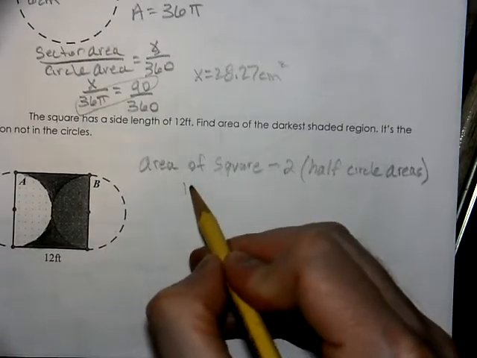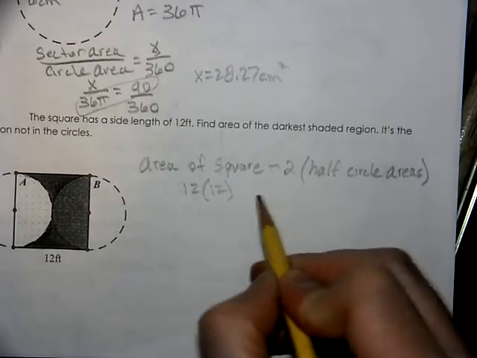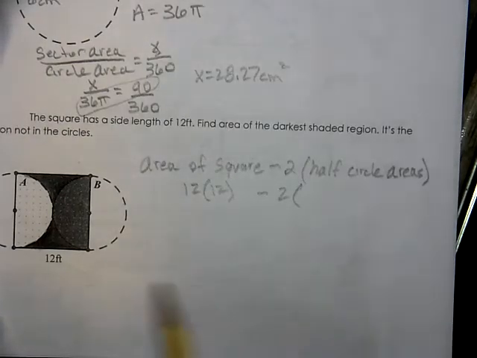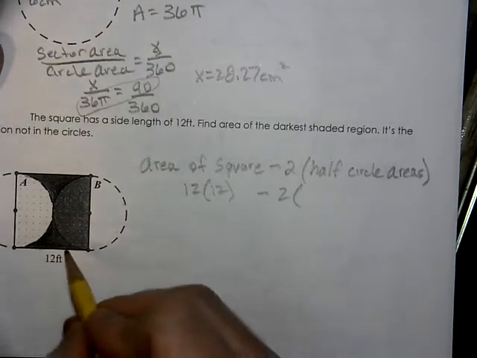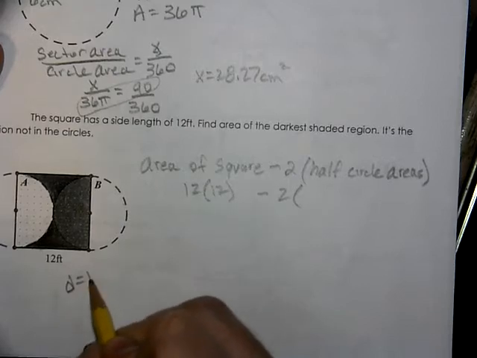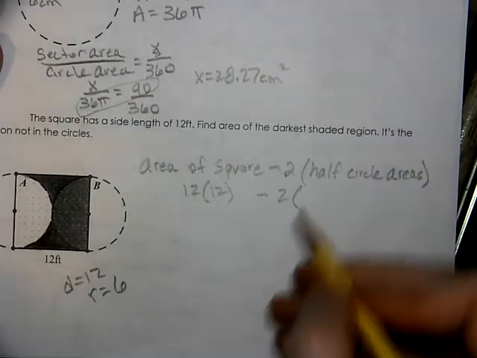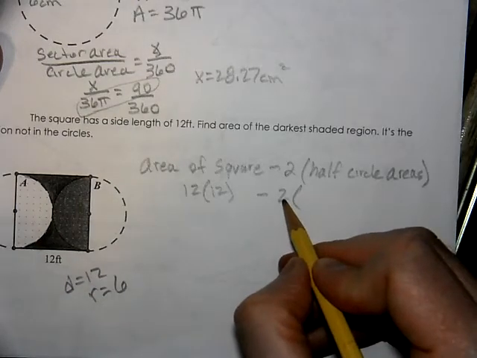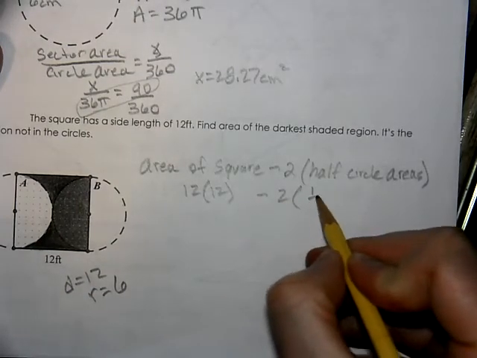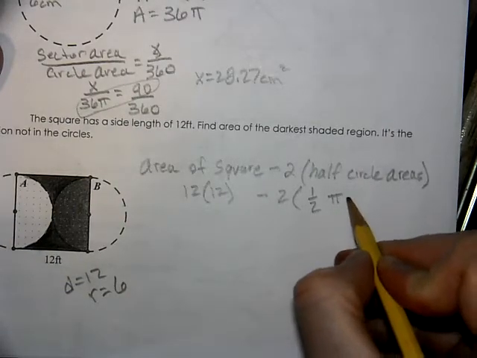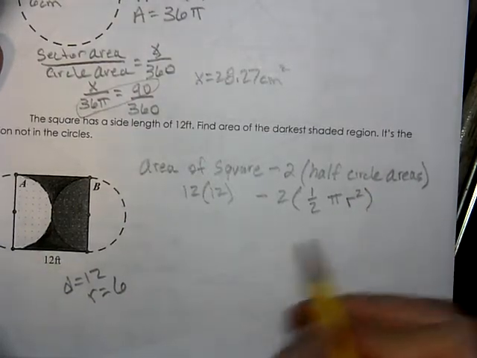So the area of the square is 12 times 12. Our circle has a diameter 12, so a radius of 6. So we're going to do 2 of the half circles, pi r squared.